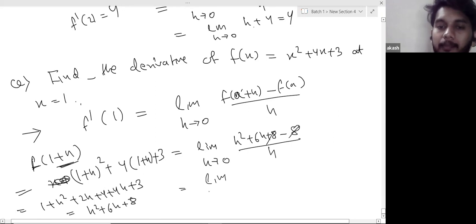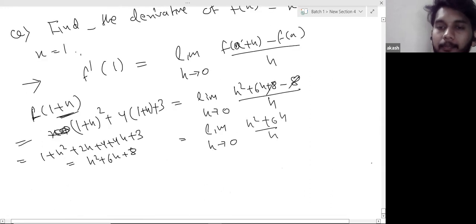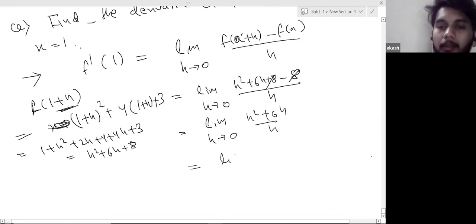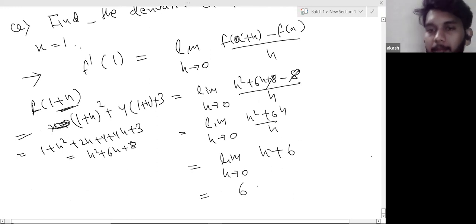What we get is limit h tending to 0 of h square plus 6h upon h. So limit h tending to 0, this is h plus 6. Answer will be 6. Arslan, is this clear or not? This is very important. All right, first principle is very important. All right, note it down.